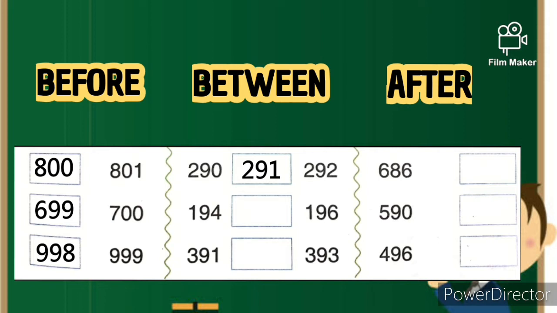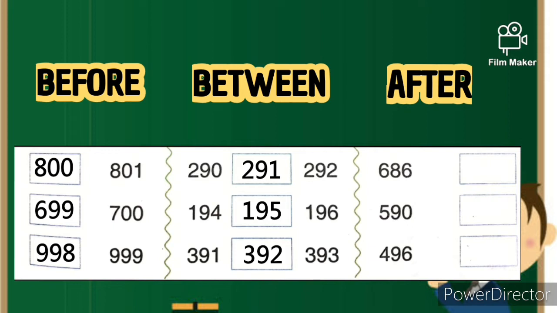What comes in between these two numbers is 195. We will write down 195. Next is 391 and 393. What comes in between these two numbers is 392. So we will write down 392 in the block.